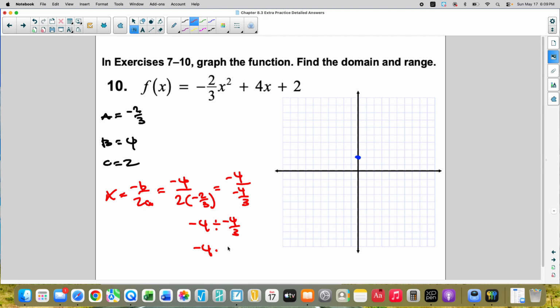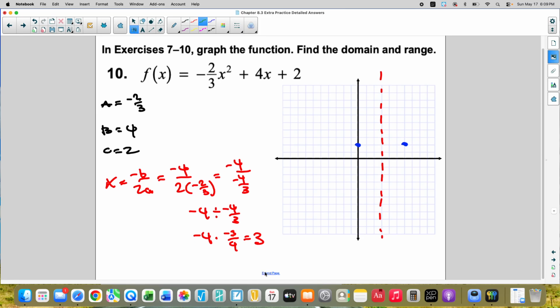Negative 4 times negative 3/4, which gives us a positive 3. That's an ugly 3. Let's redo that one. So my axis of symmetry is 3, 1, 2, 3. We can reflect that. That's good. Let's do 3 for that formula.